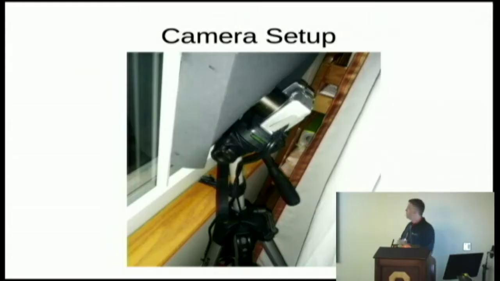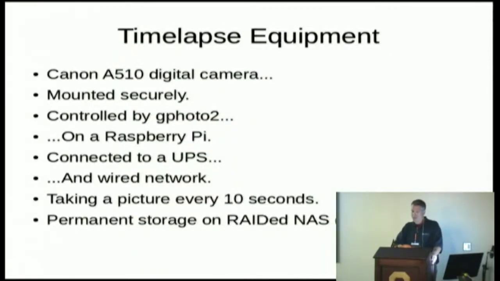So I had an idea to put a camera, point it out at the western sky in my house, and start taking pictures. That is a Canon A510 digital camera that I had laying around. I put it on a tripod, connected it to a Raspberry Pi, and with Gphoto 2, you can set it up to take an image every number of seconds that you want.